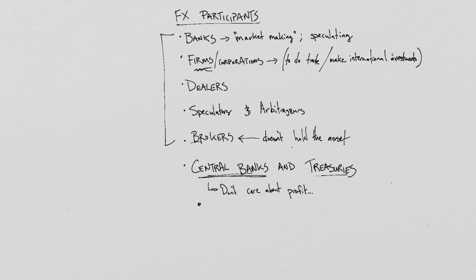And so central banks are not going to be big participants for countries that have a complete free float of their currency. For countries that don't really try to manage their exchange rate, like the United States or the Eurozone. But it's a big deal for countries that try to manage the value of their exchange rate.